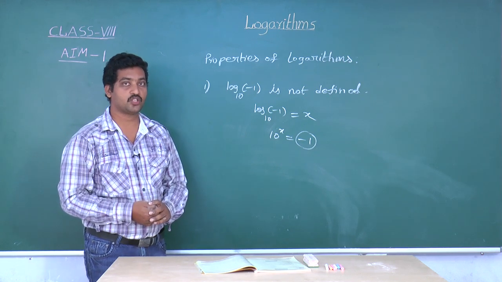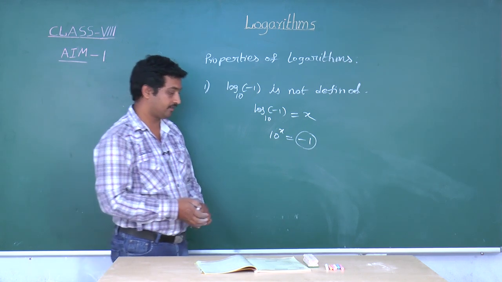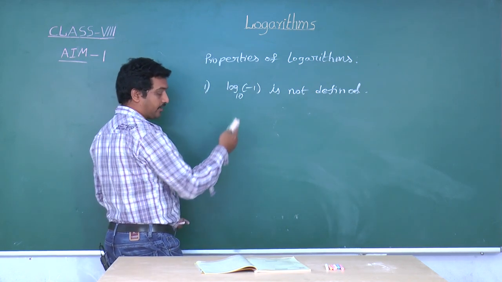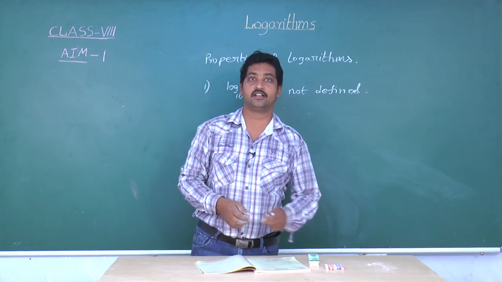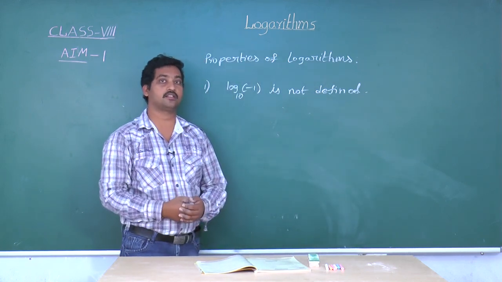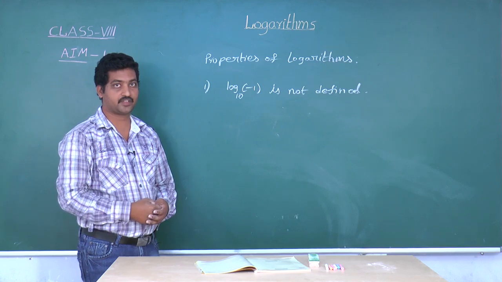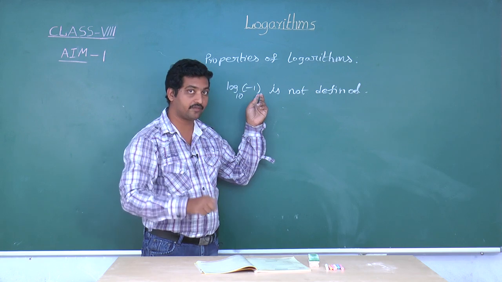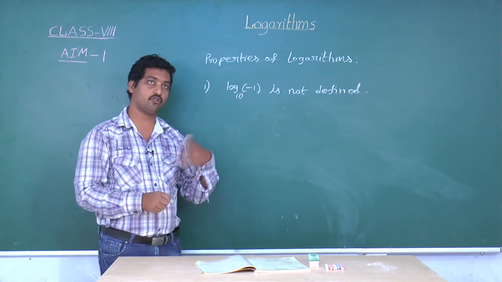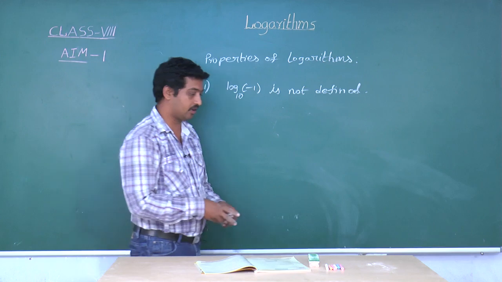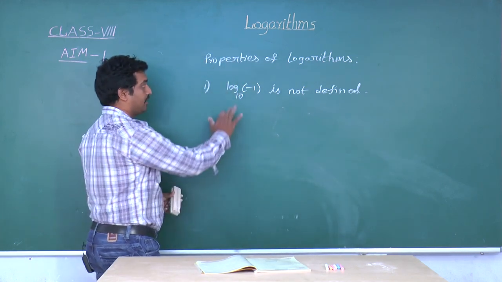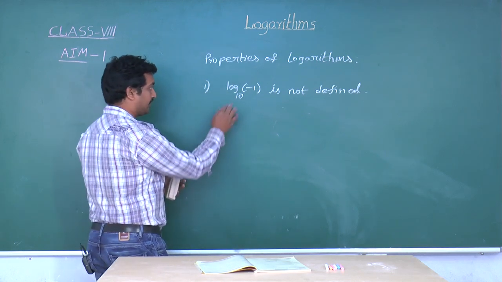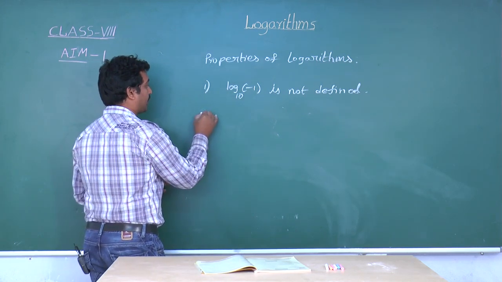Therefore there is no possibility of x. That's why logarithms of non-positive real numbers are not defined. This is very important. Whereas if you go to the complex numbers, you can see an answer for this. But under real numbers, logarithm of minus 1 to the base 10 is not defined. This is an example.